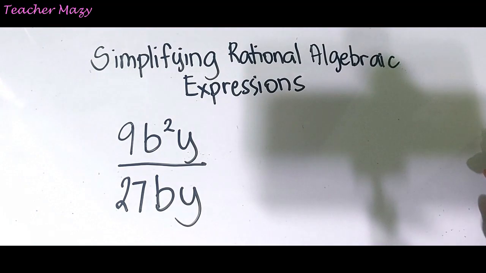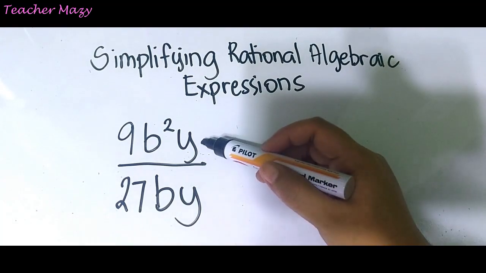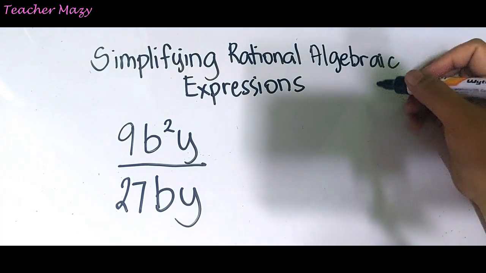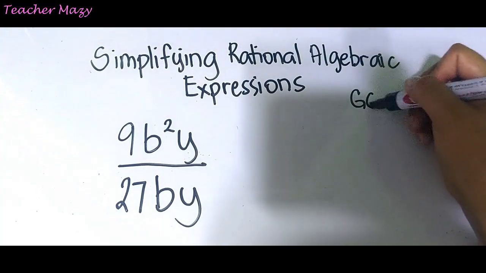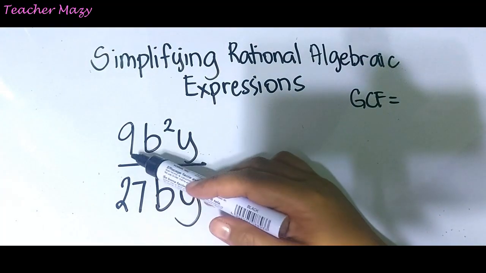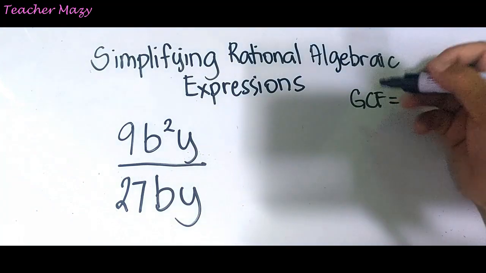So first, let's find the GCF, or the greatest common factor, that we can divide for both the numerator and the denominator. First let's focus on the numerical coefficients. So we have 9 and 27.